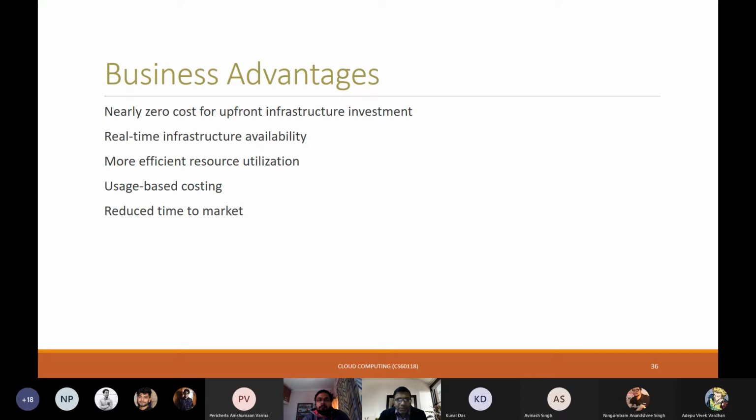And typically we are talking about a public cloud service. Even this is true for other different types of cloud deployment models as well. So what you need is basically simply to pay for the units of computing resources that you need.